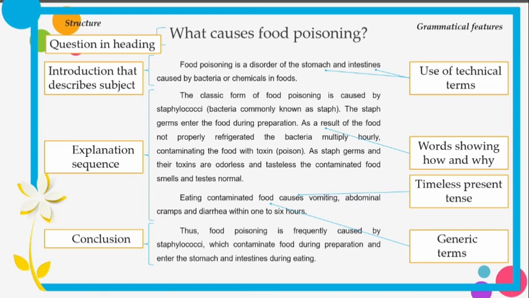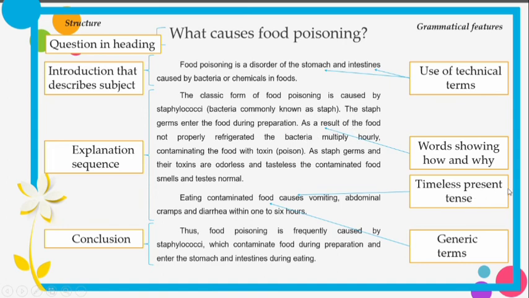Each field and specialty typically uses a vocabulary that relates a variety of specialized concepts by means of a technical language. This quantification allows the concept to be manipulated mathematically. And words showing how and why indicate cause and effect. As a result, it indicates cause and effect.